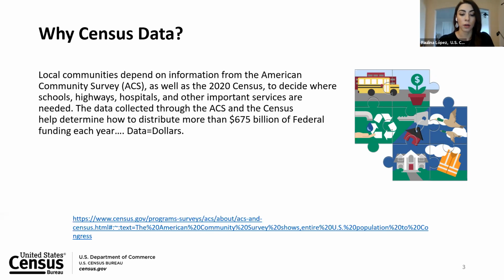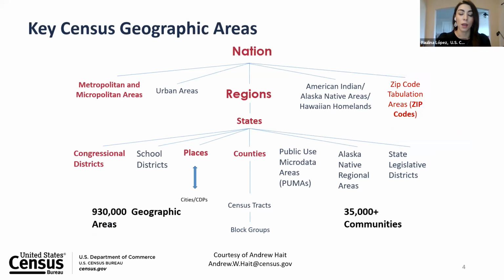So very, very important. And today we're talking also about applications for federal funding, right? So federal agencies expect local municipalities and partners to know what ACS data looks like, and for us to be able to tell our story using that data. So it's very important for you to be empowered with this information so that our applications can be very strong and we can leverage those dollars for our community.